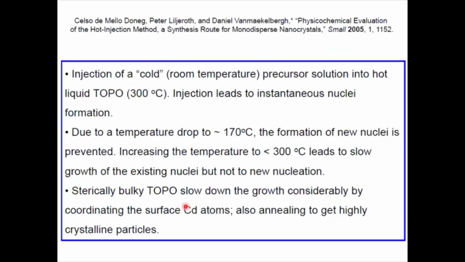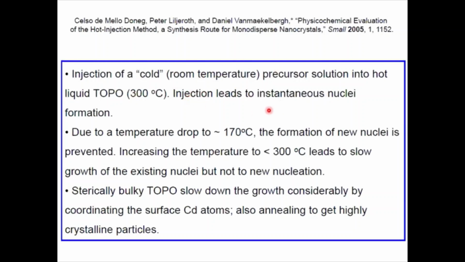This is another recent paper which discusses the chemical process in a great review. This is again injection of a cold solution into a hot liquid. I will explain this also in the subsequent slide. What happens when you have a precursor and injection of a hot solution or a salt solution? First you optimize the hot surfactants, and then you introduce the precursors at room temperature, which leads to instantaneous nucleation.